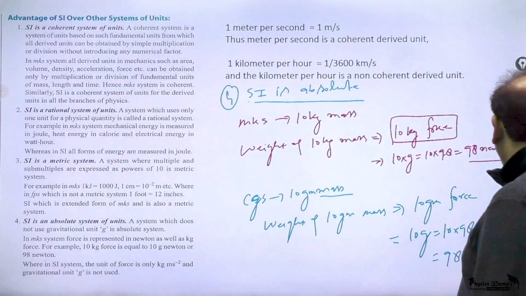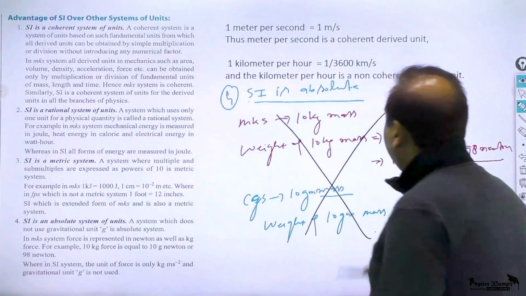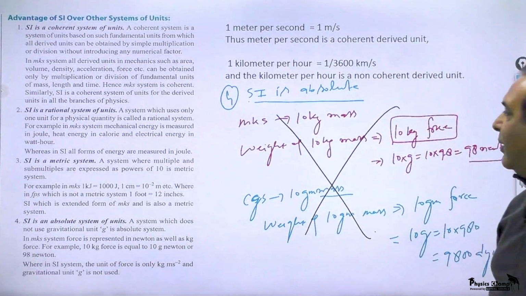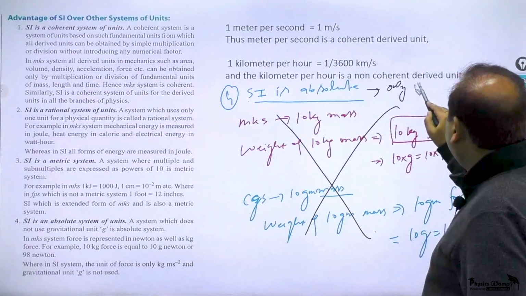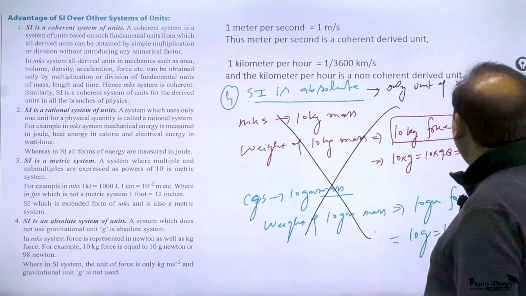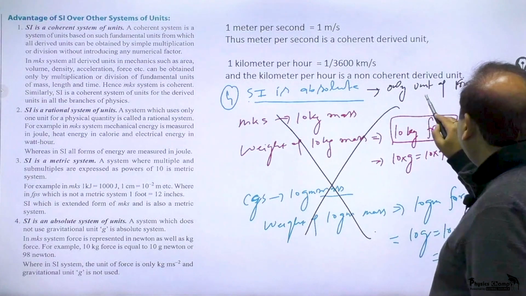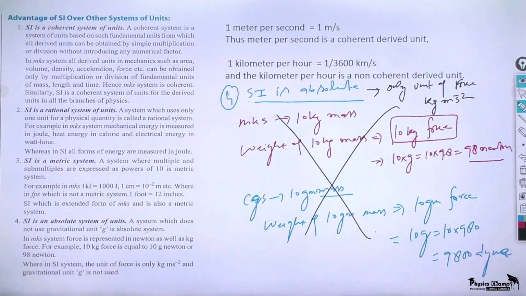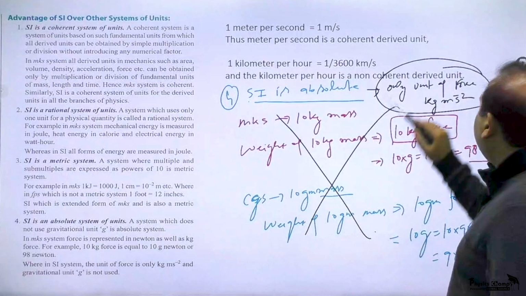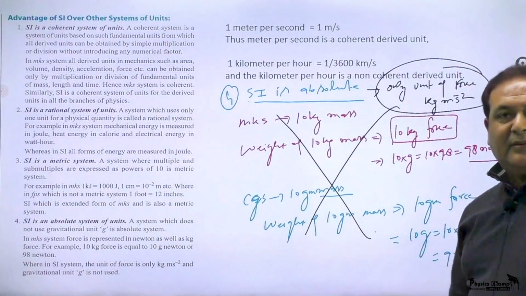But in SI, it is not like this. In SI, it's an absolute system. The only unit of force is what? Kilogram meter per second square. The only unit of force is kilogram meter per second square and nothing else.